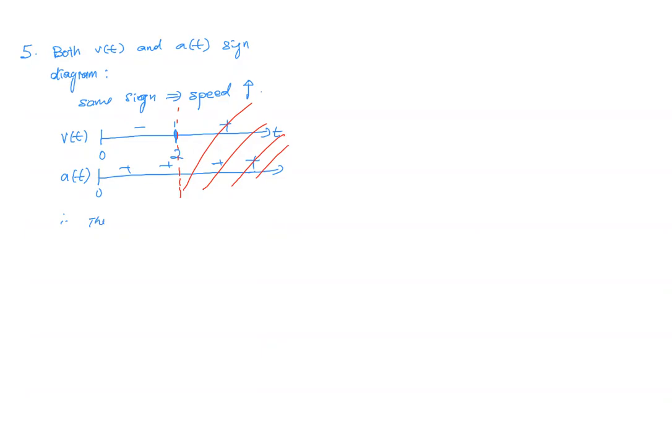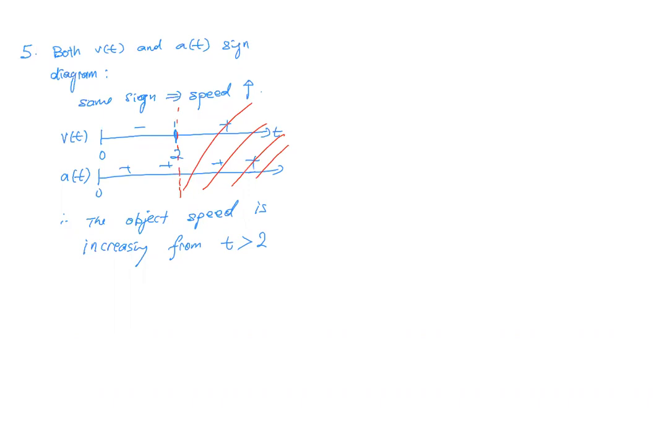The object speed is increasing from t greater than 2. Done. So there's no other better way. So you have to have both Vt and At sign diagram on top of each other, and remember, same sign, increasing speed.